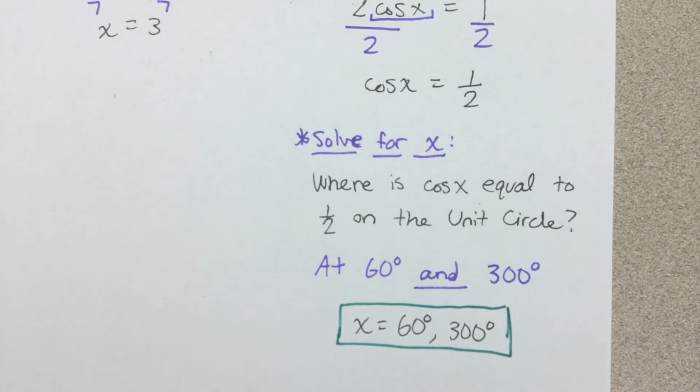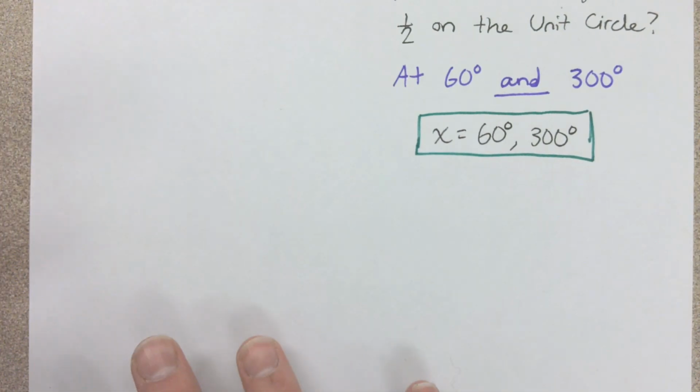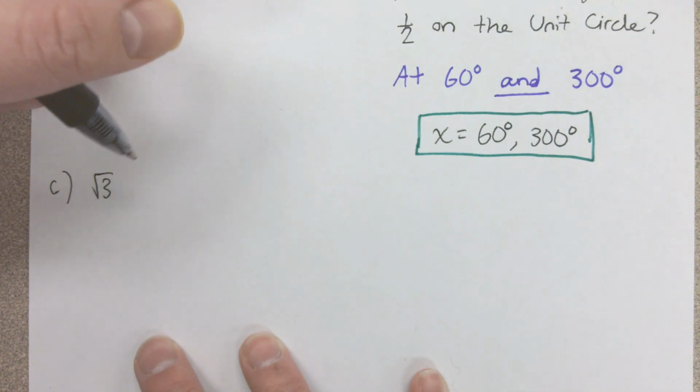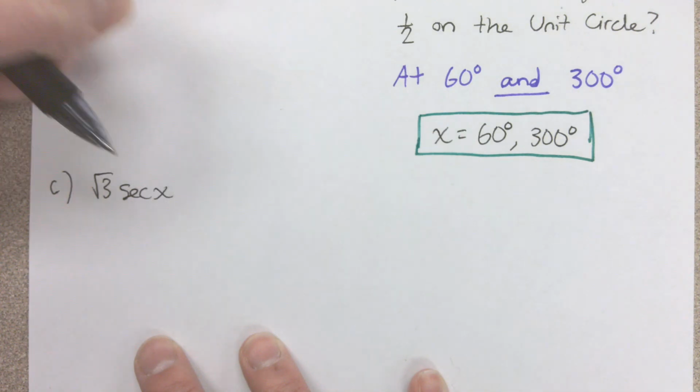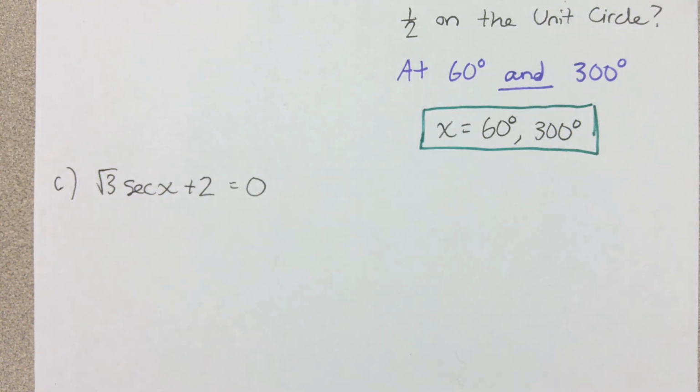As you can see, it's a bit more involved than just solving an equation. There's an extra step to it. Problem C. Square root of 3 secant x plus 2 is equal to 0.